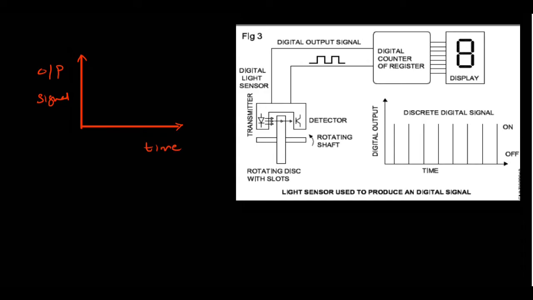But in digital, we'll get only two values. Either the signal goes high or it is going to be 0, low or high. That's the only signal we are going to get. Like this we'll be getting it. Either it can go to 0 or it is 1.